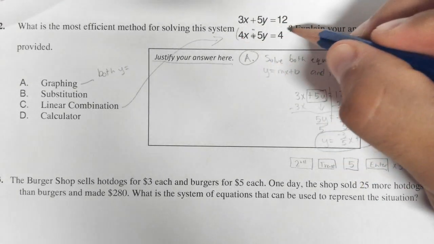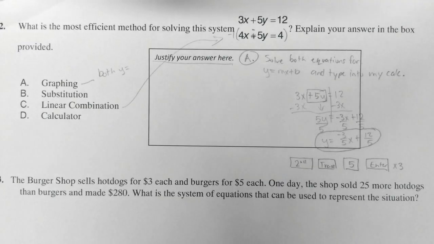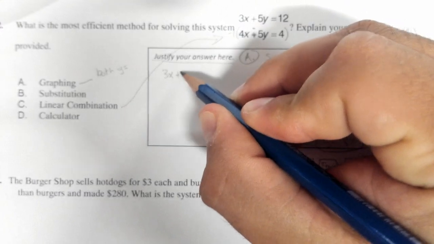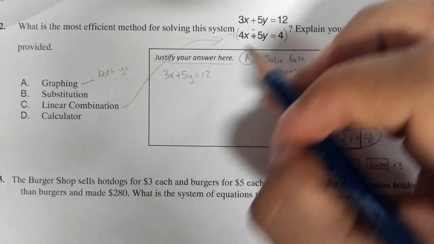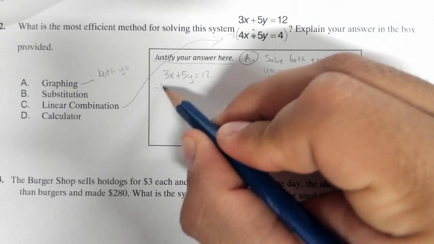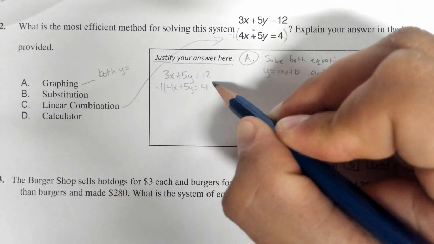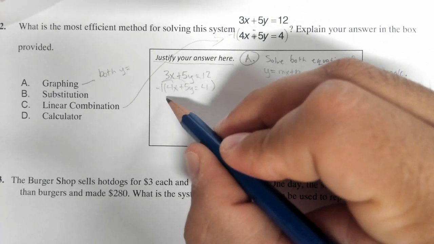So what you would say is, okay, well, I would multiply the bottom one by -1 so that they do cancel out. So maybe you show that step. Okay, so then you show the step where you distribute.